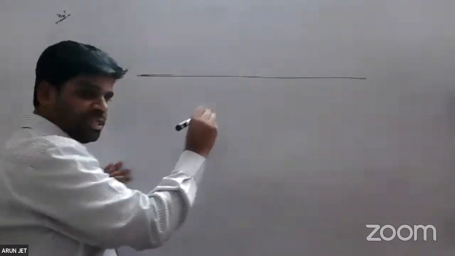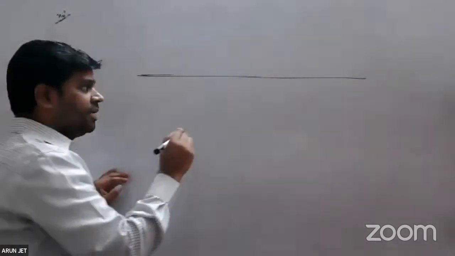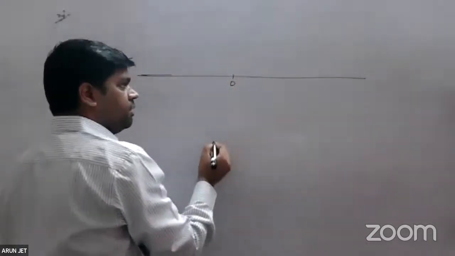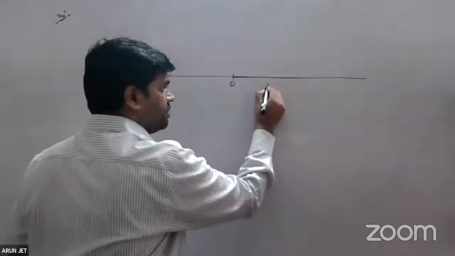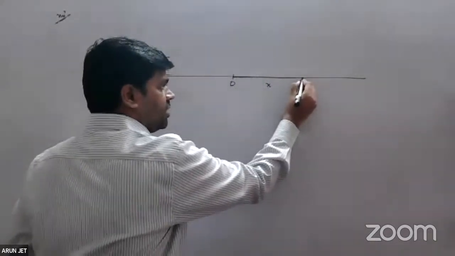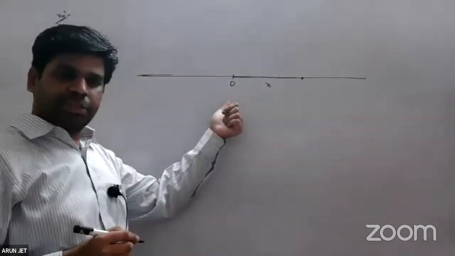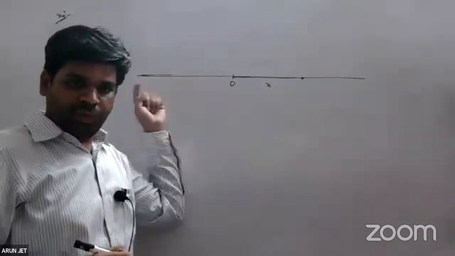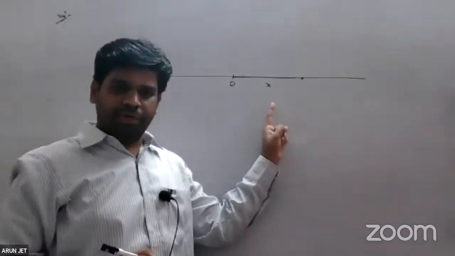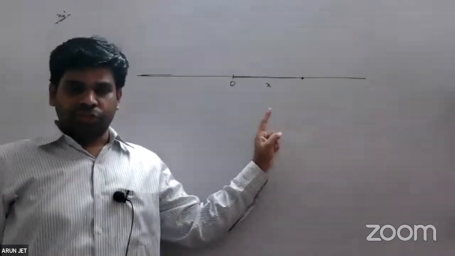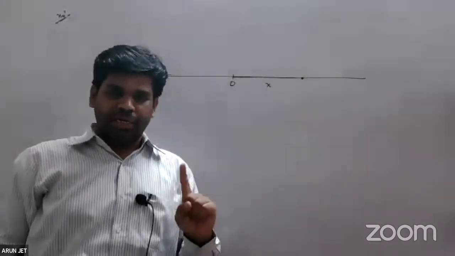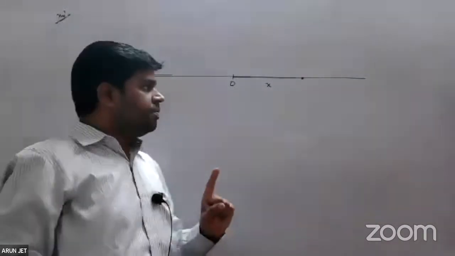To spot a point on this line, I need an origin and distance from origin. So I can spot a point on this line with a distance from a certain fixed point called origin. In a one-dimensional line, I need one number. So to spot a point on a one-dimensional line, I need one number.